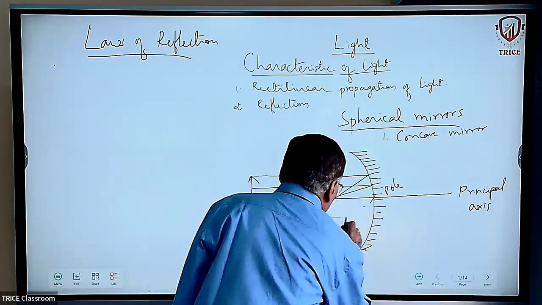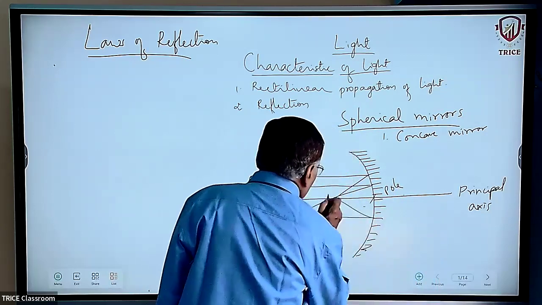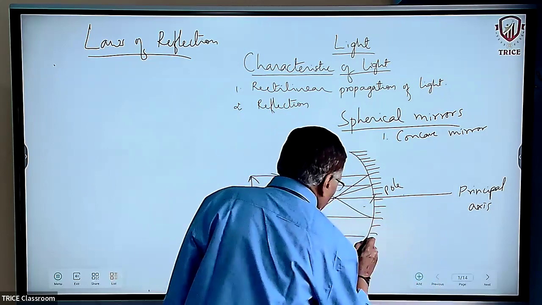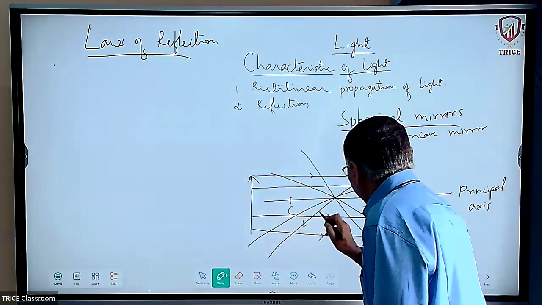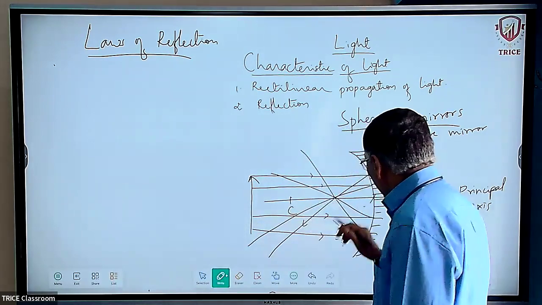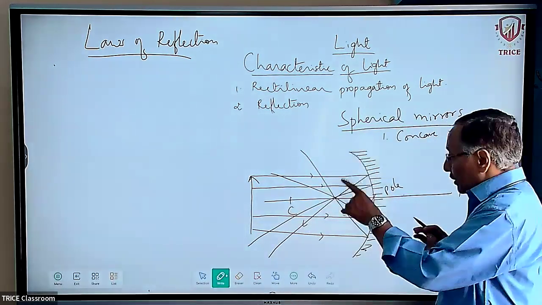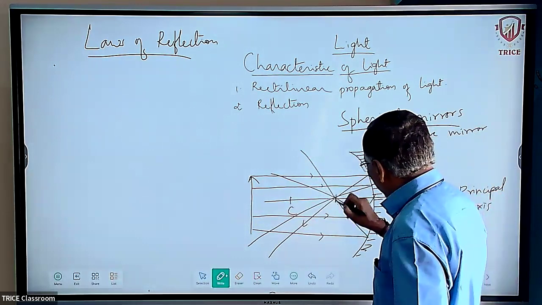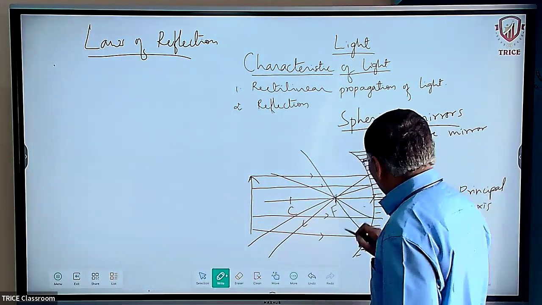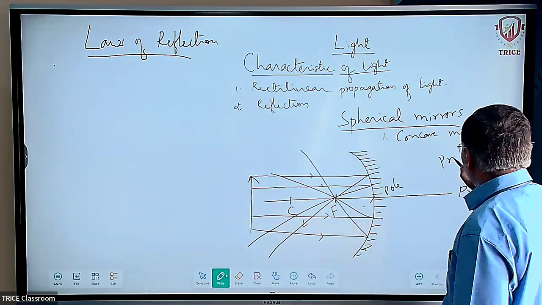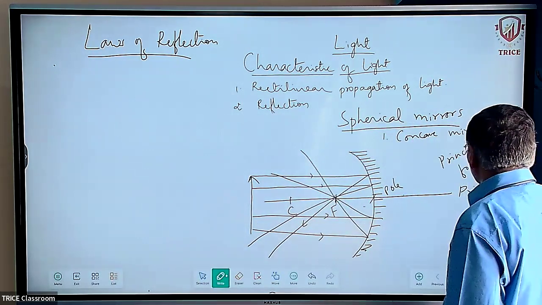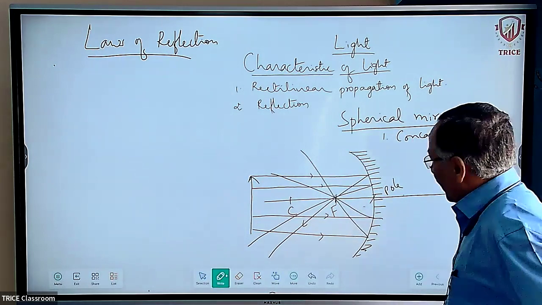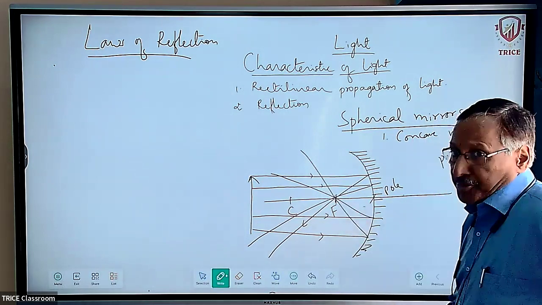Similarly, all the light rays coming from here, after reflection, pass through a common point. This common point is called principal focus. The point where all the light rays meet after reflection, we call principal focus.